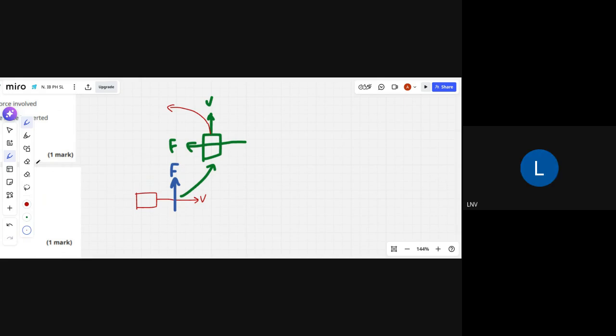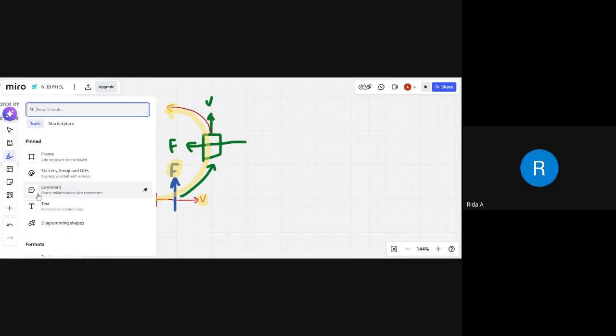So basically the idea is that if you have an object moving in a certain direction and you apply a force perpendicular to its direction of motion, it starts moving in a circular path, okay? And if you apply a force that is constantly perpendicular to the direction of motion, then the object starts moving in a perfect circle, okay? So that is uniform circular motion.